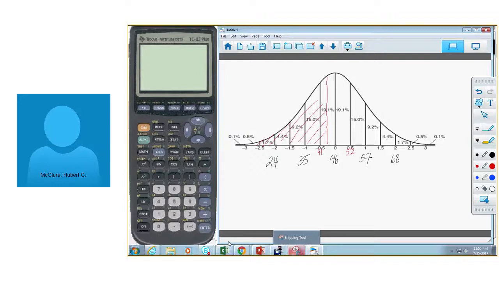About 10. 10 plus 15 is 25, plus 9 is 34, plus 4 is 38, plus 2 is 40. I'm going to say about 40%. That's what you'd say with common sense. If you wanted to get more precise, you would do 19.1 divided by 2, and then add 15.0 and 9.2 and 4.4 and 1.7 and 0.5 and 0.4. If you do that, what do you come up with?